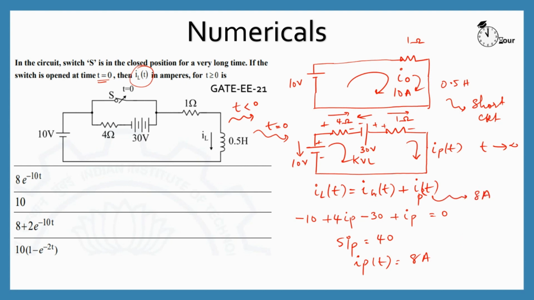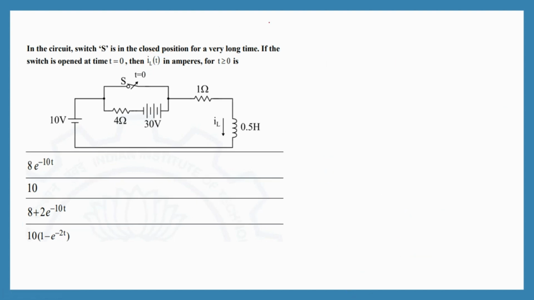What is IH of t? IH of t is given as A e power minus t by tau. This is an RL circuit, so tau will be equal to L by R. And what is A going to be equal to? We need to compute that. Before that, let's find L by R. L over here is 0.5 Henry.